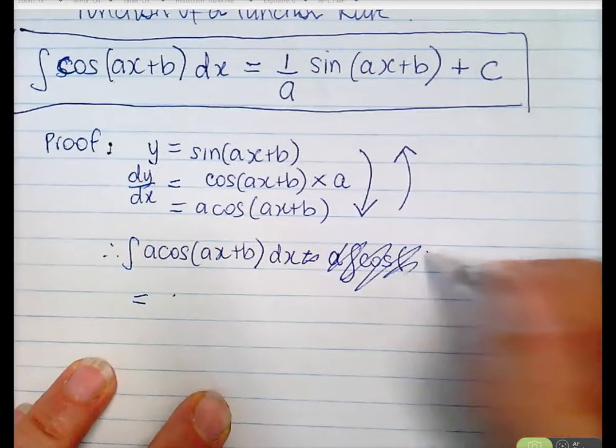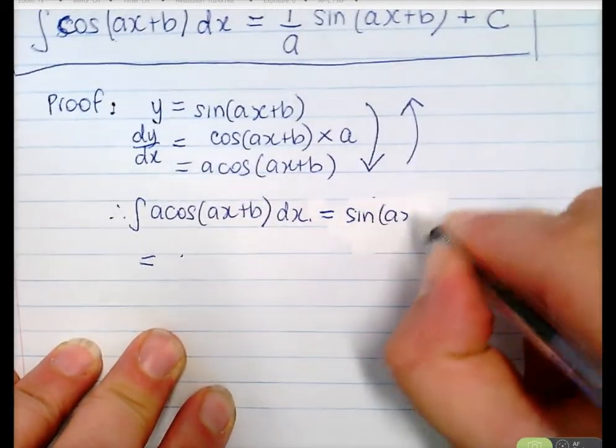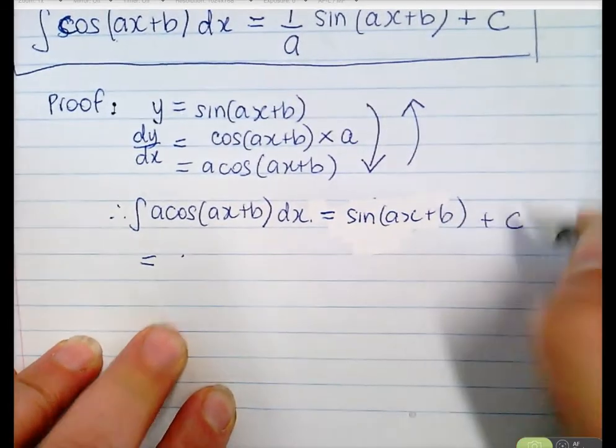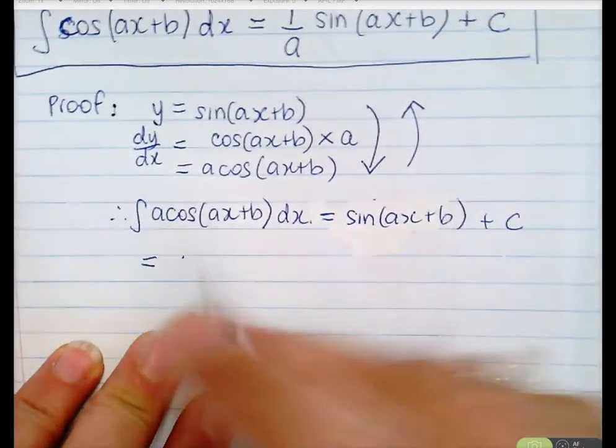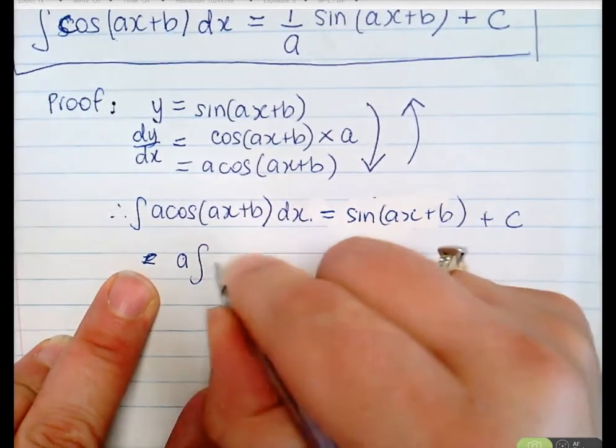So if you integrate that, you get sine of ax plus b plus c. But that's not what I'm trying to integrate. So isn't my left-hand side really equal to a times the integral of cos ax plus b?